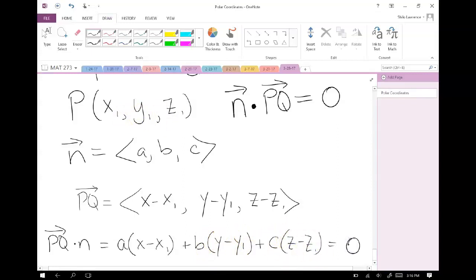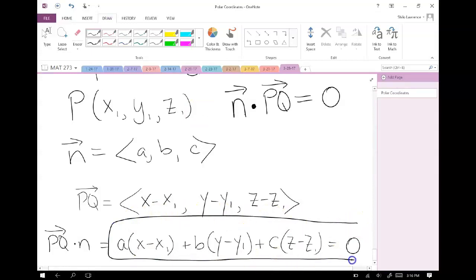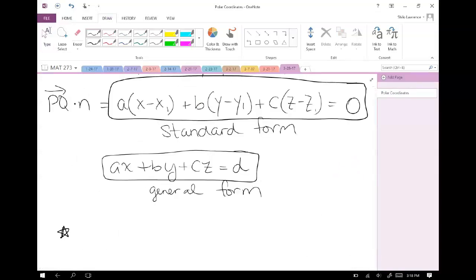And according to properties of the dot product, that should equal 0. This is standard form. And if we were to work out the algebra on that, it would be general form. If you're ever asked to compare planes, like see if two planes are parallel, see if two planes are perpendicular, or see what the angle between two planes is.